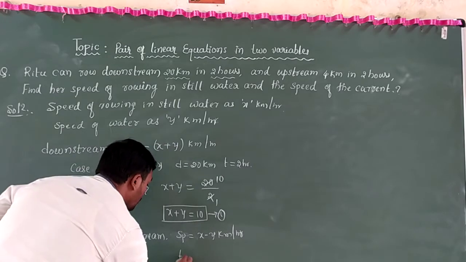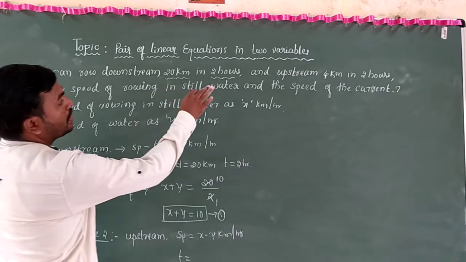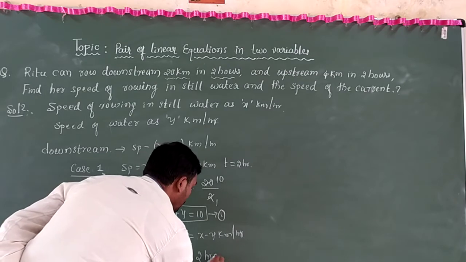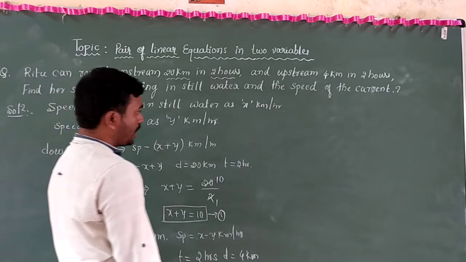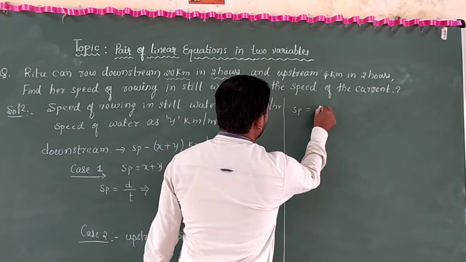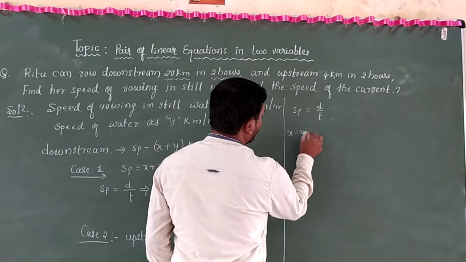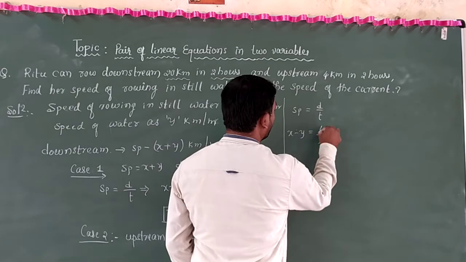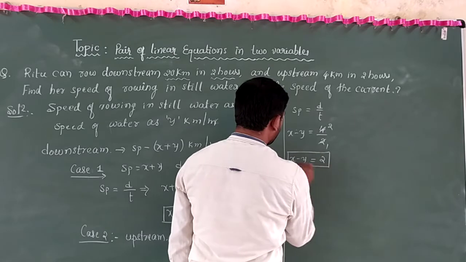Time taken in upstream is 2 hours, and the distance covered is 4 km. Again we know the formula, speed is equal to distance divided by time taken. Here speed x minus y is equal to 4 km divided by 2 hours. 2 twos are 4. So x minus y is equal to 2. This is our equation number 2.